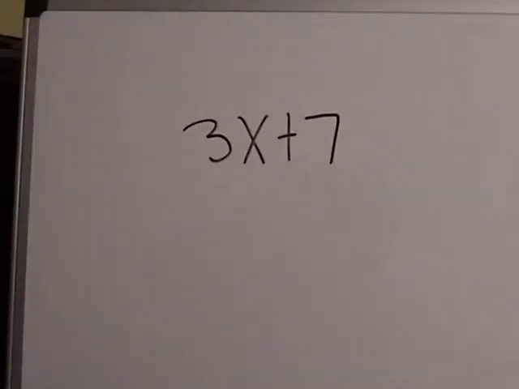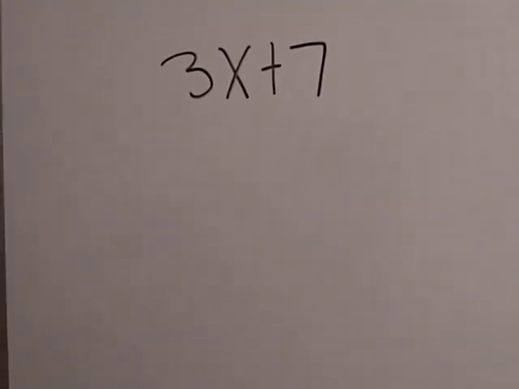Okay, so we're going to use 3x plus 7 equals 2x minus 24.